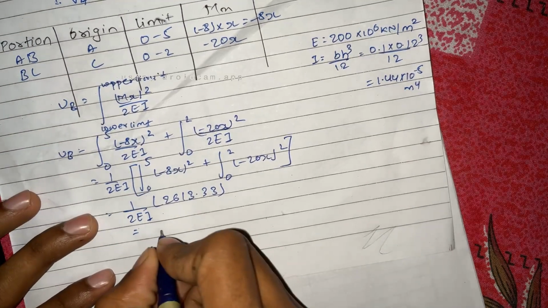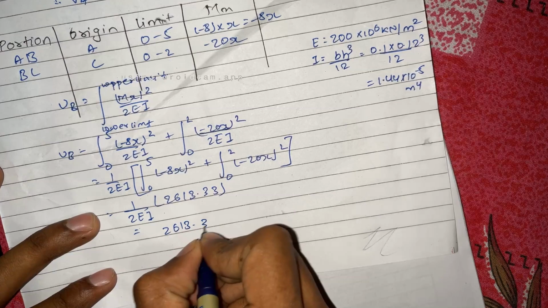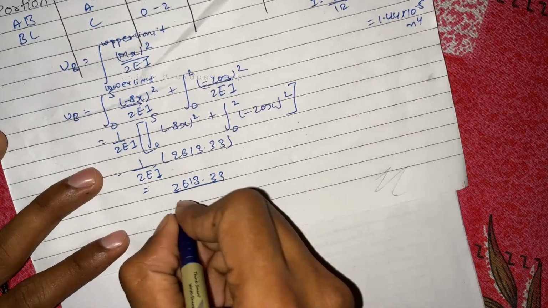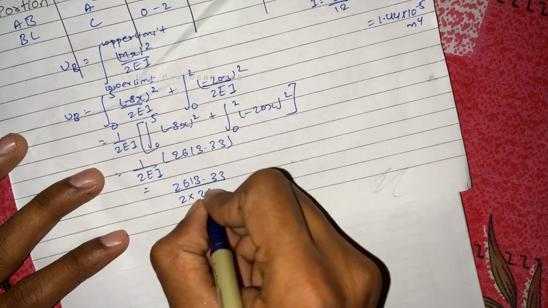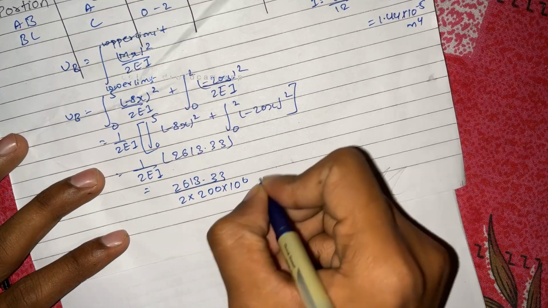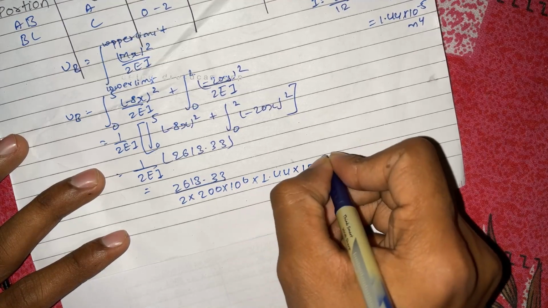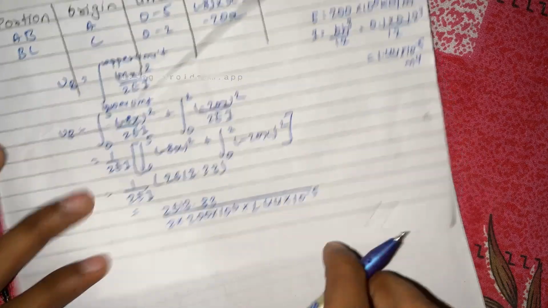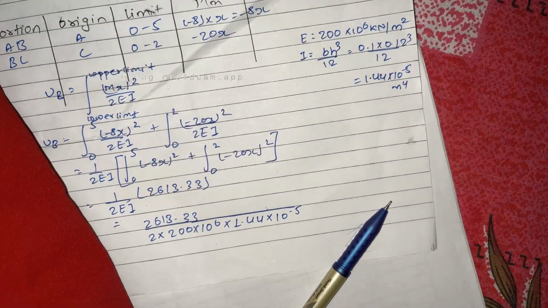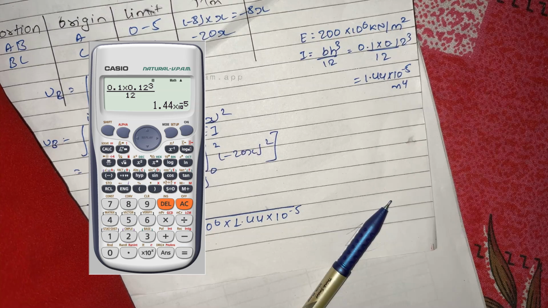So we'll get around 2613.33 by 2 into, we have E 200 into 10 to the power 6 and 1.44 into 10 to the power minus 5. So let's solve it in the calculator.